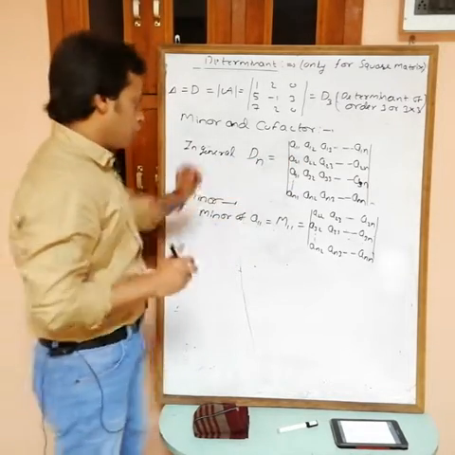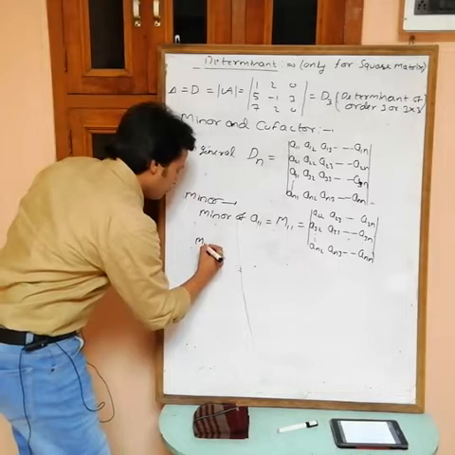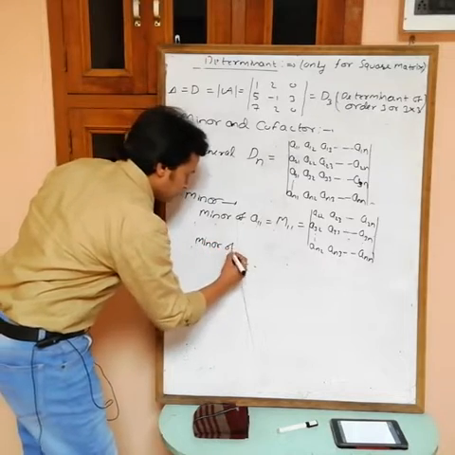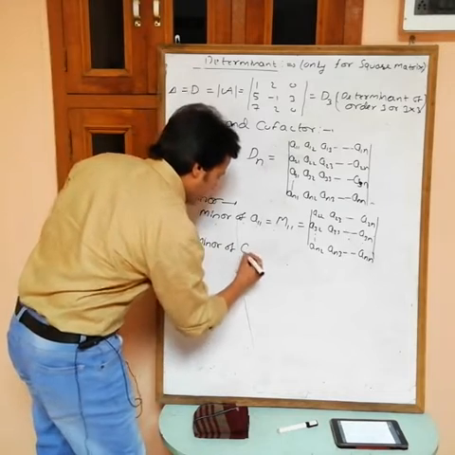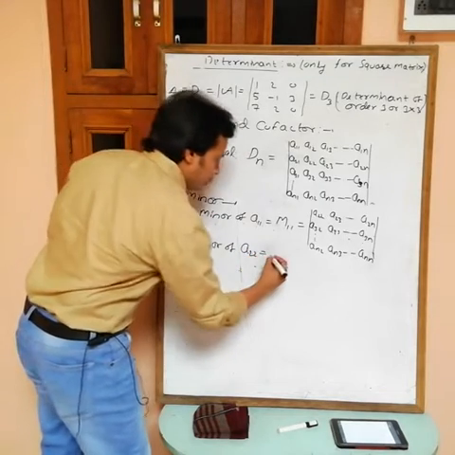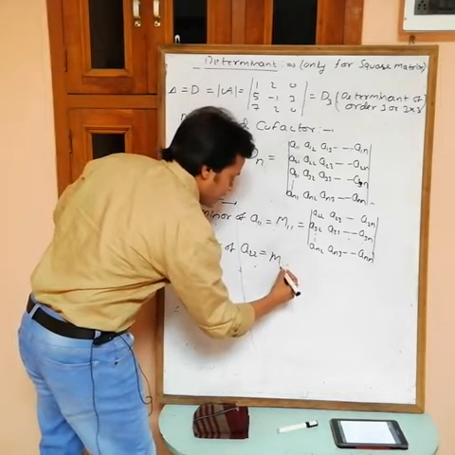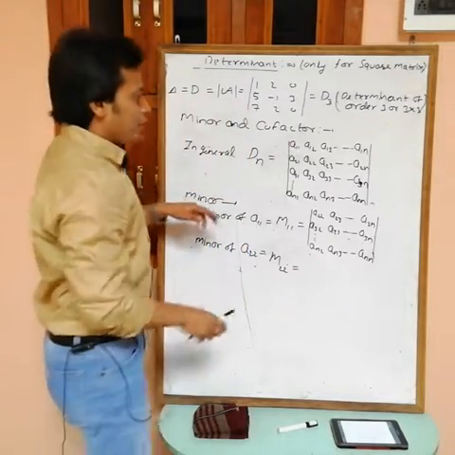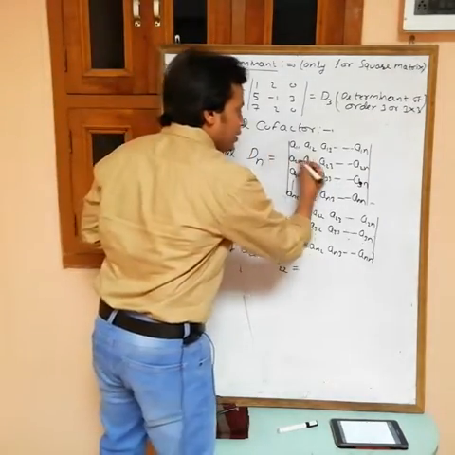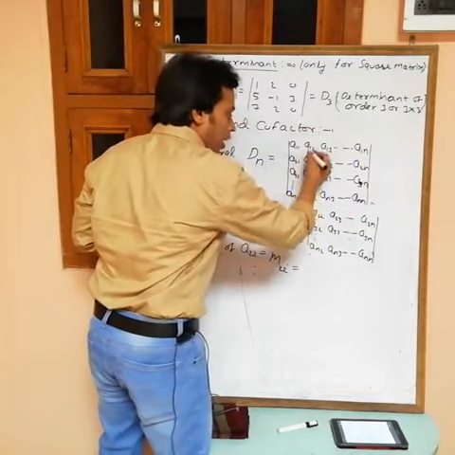I am taking A22, the minor of A22. The minor of A22 is represented as M22. Now how to find M22? To find the minor of A22, hide the corresponding row and column.